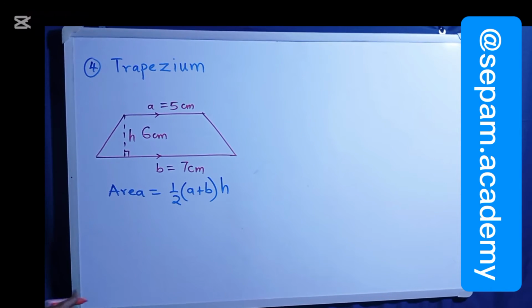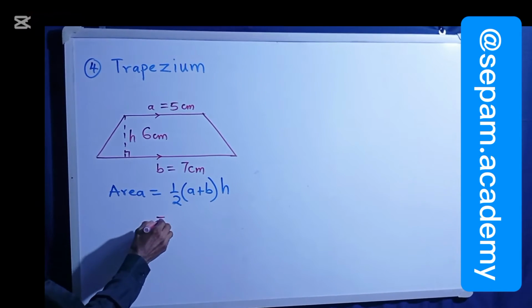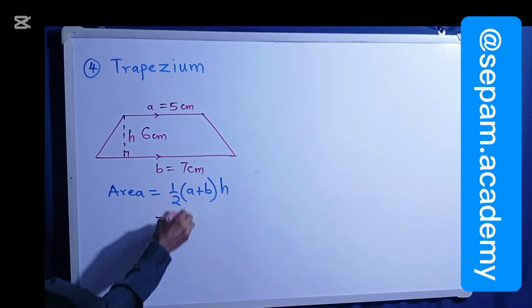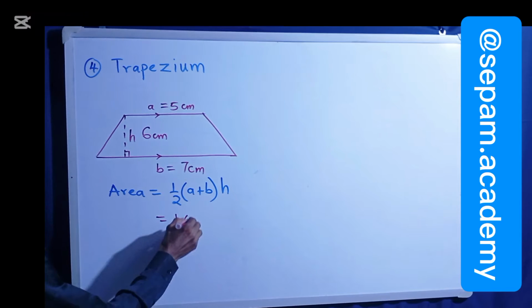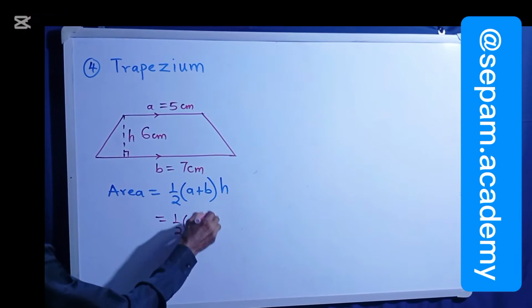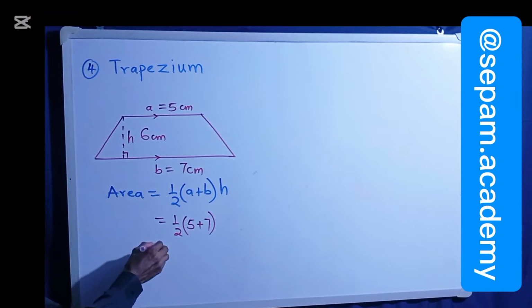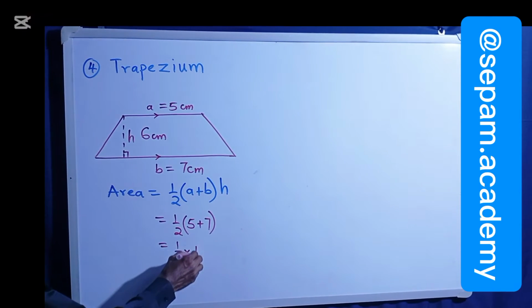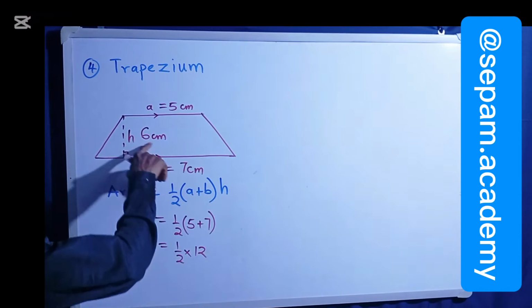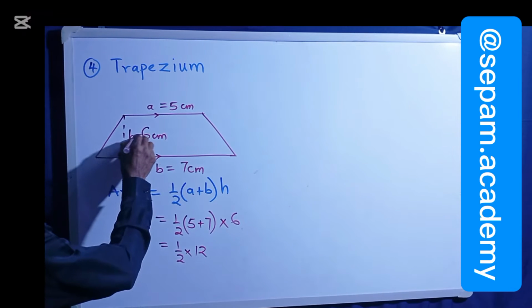The first thing is to find the sum of the parallel sides. So we have 5 plus 7. I'll leave out the height, I'm being deliberate. So this will become half of 12 cm, then multiply by the height, times 6.